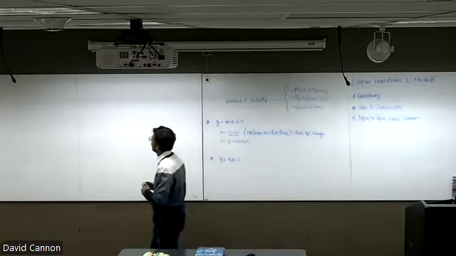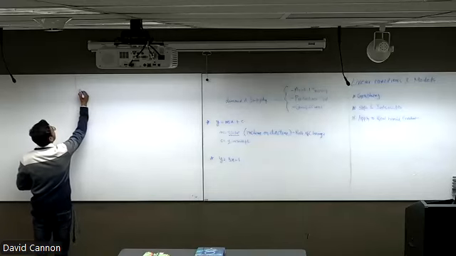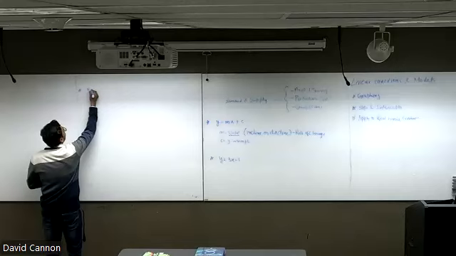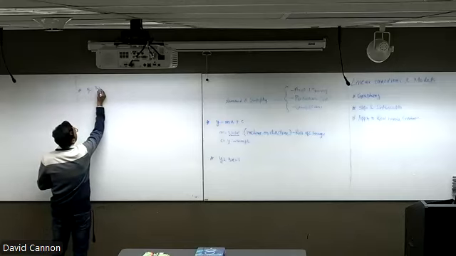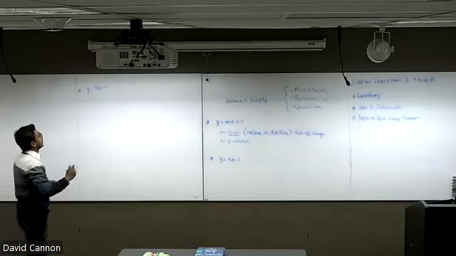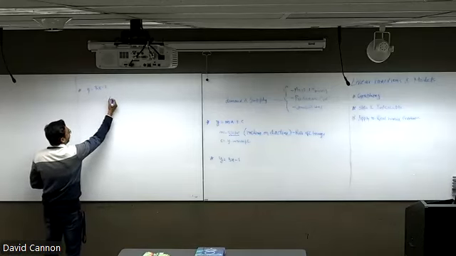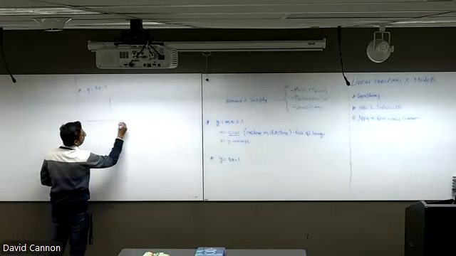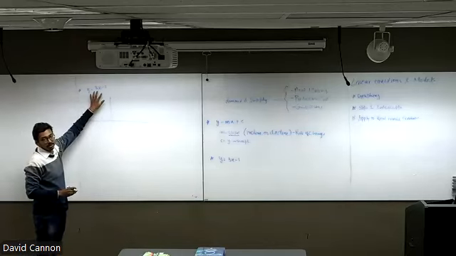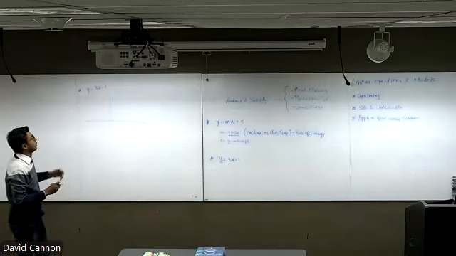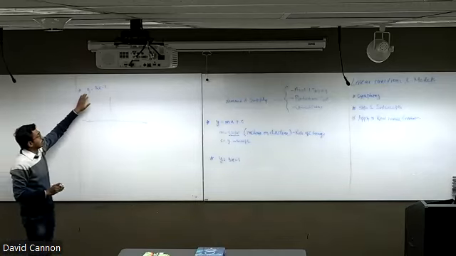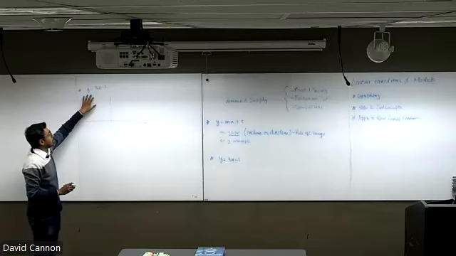All right, let's do the solutions together and see how we can do this. y equals 3x minus 1. That's our function in question. What the graph of a function means is you can plot the points that satisfy this equation, and that's our graph. So in this function, let's pick a few points.